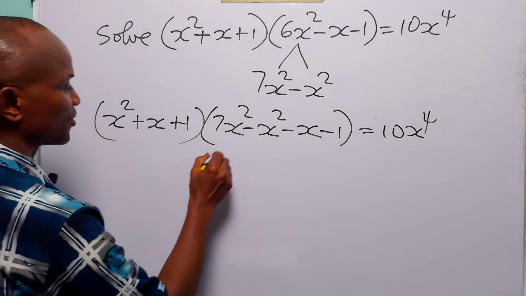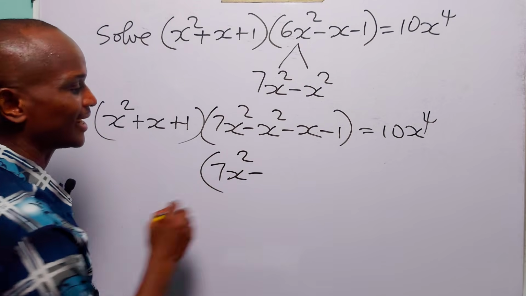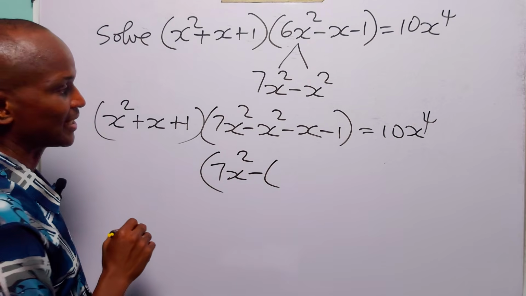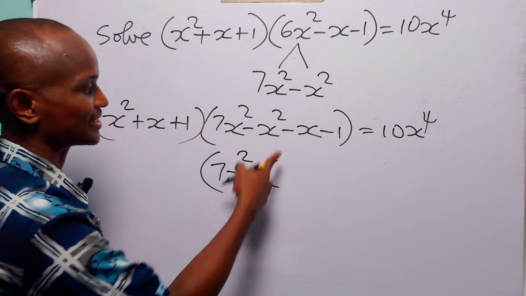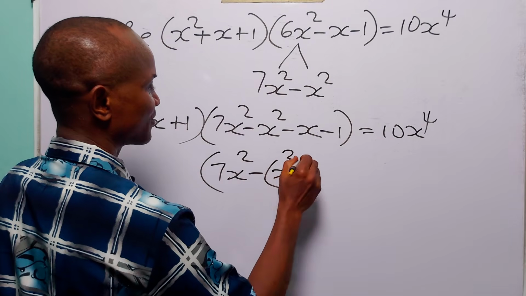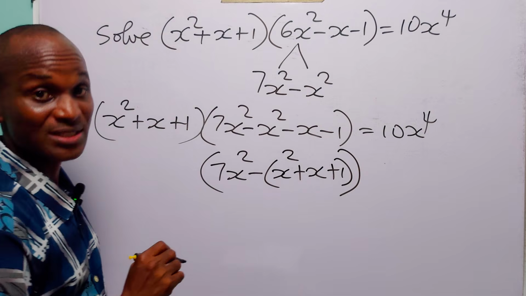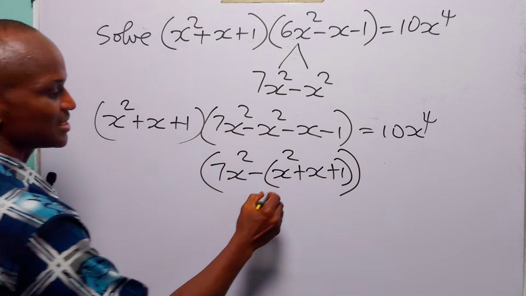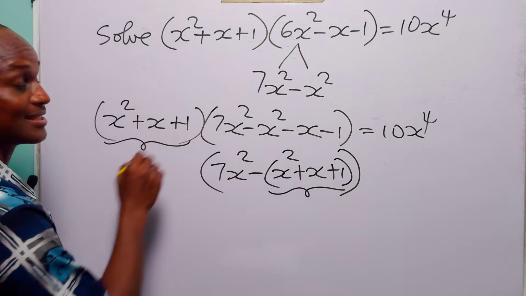Now we can also write this as 7x squared minus, we open a bracket. And of course, once we have the minus in front of the bracket, every sign reverses. So we now have x squared plus x plus 1. We close the bracket. Now notice that this is exactly the same as this.